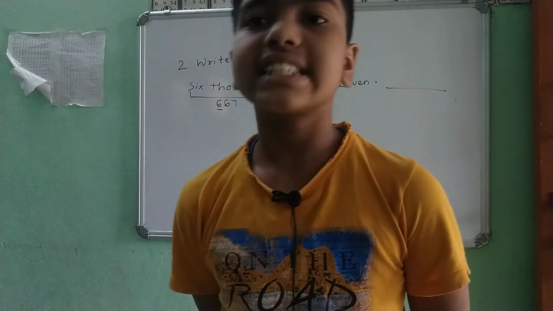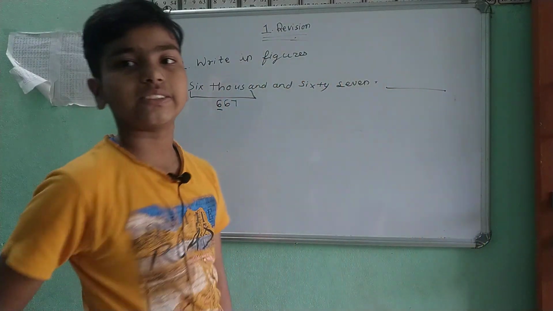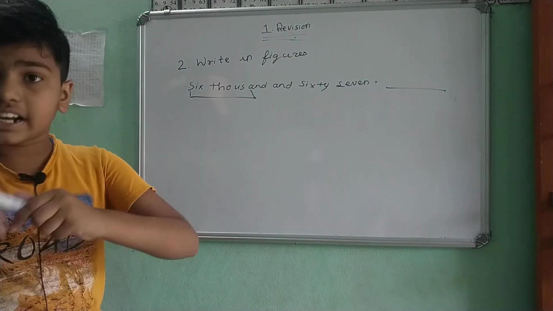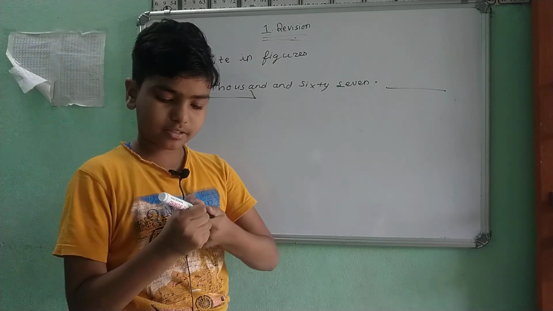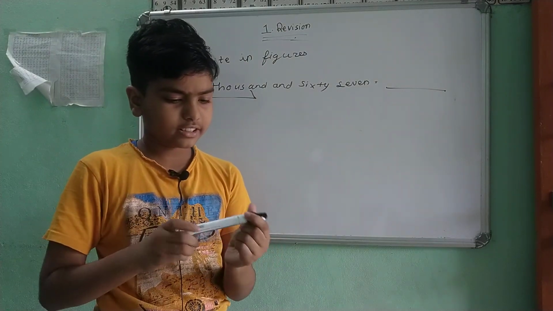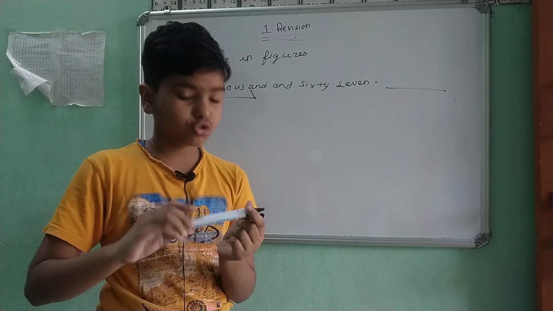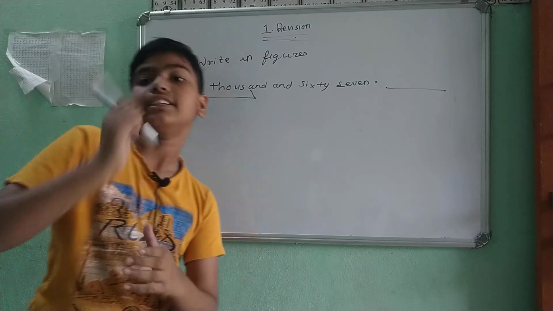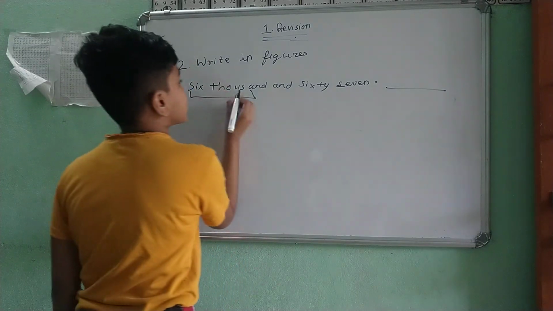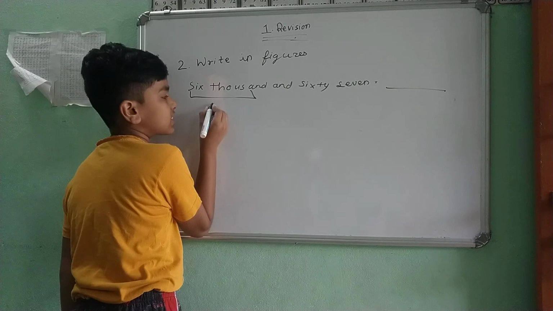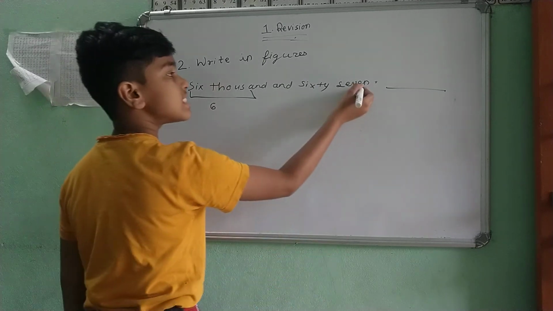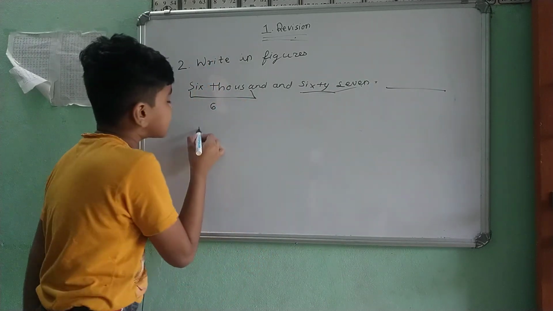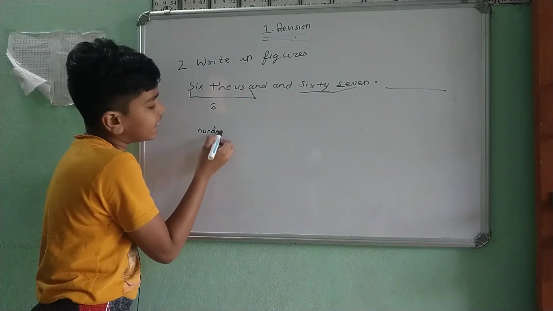So how is it written? See, children, this is the wrong method. The correct method to write it is: 6 is only 1000, so that part of yours is correct. But there is 67, so it doesn't have any 100.